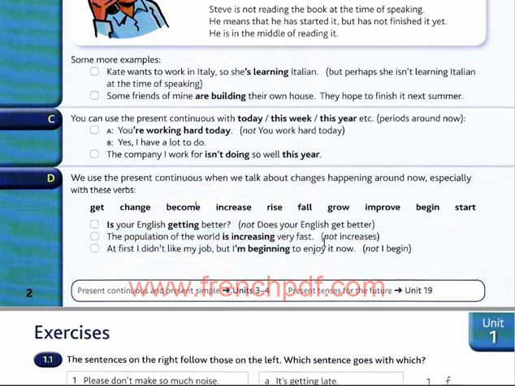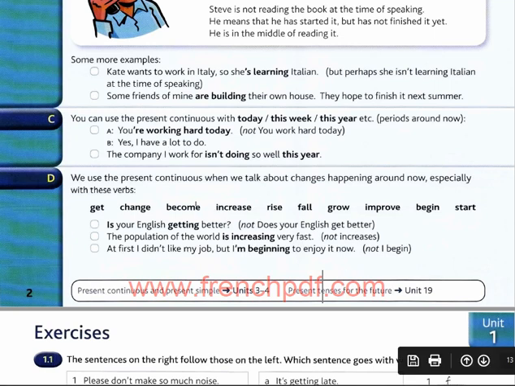How? Very fast. Or you can change this adjective to anything that you want. At first I didn't like my job, but I'm beginning to enjoy it now. It means that I have started to enjoy it now.